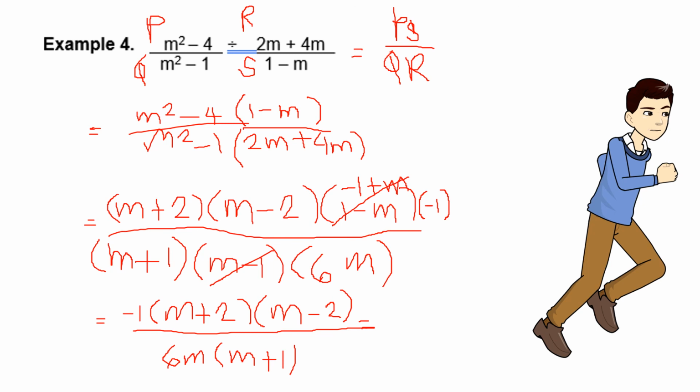So itong m plus 1, m plus 2 times m minus 2, ito yung product niya ay magkakaroon tayo ng negative of, gawa ng negative 1, negative m squared minus 4 over 6 m squared plus 6 m.